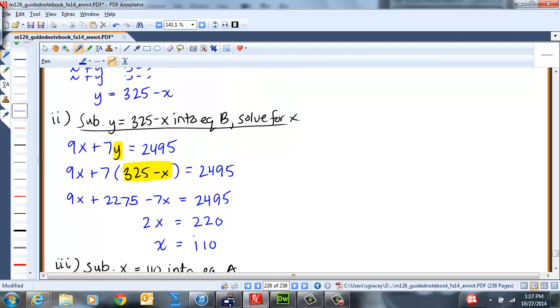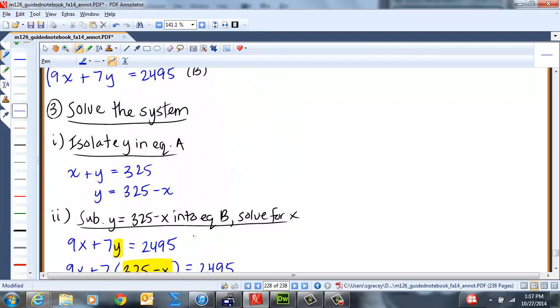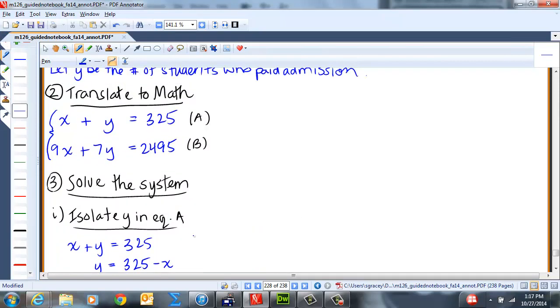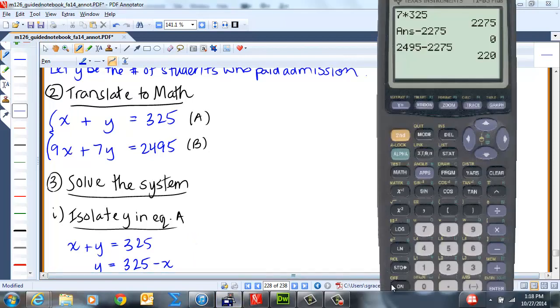So let's check in the original. So $110 for x plus 225 for y gives us, oh, 335. Oh no, it was 215 for y, wasn't it?